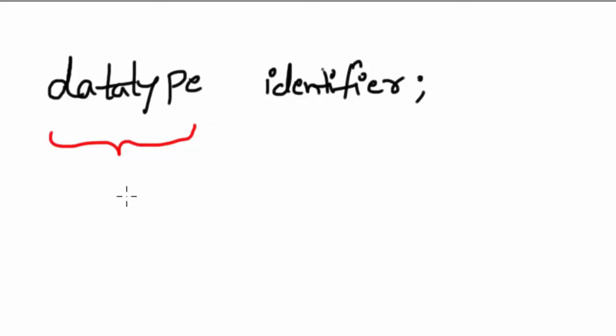This data type must be one of the 8 primitive data types we have seen earlier: int, char, etc. And this is the variable name.